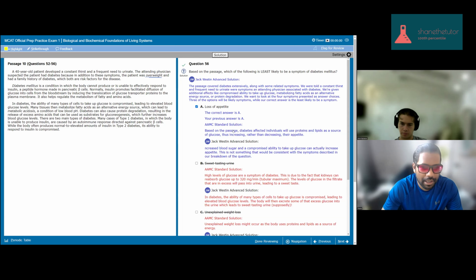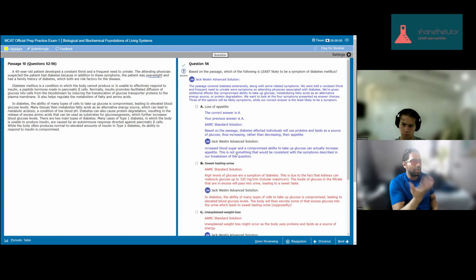Yeah, because they're not being able to take glucose in, so they're breaking their bodies down for energy. It's not like if you eat a meal, your body can break it down into glucose that you can use, then you're full.